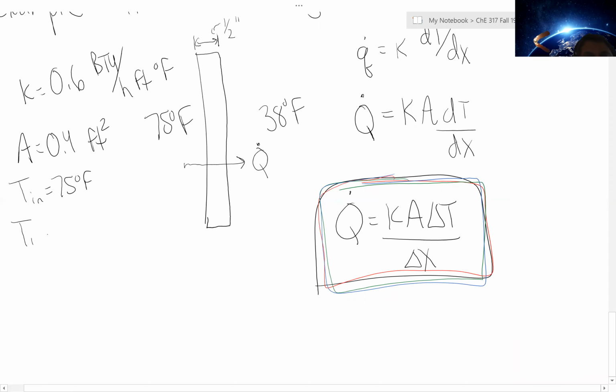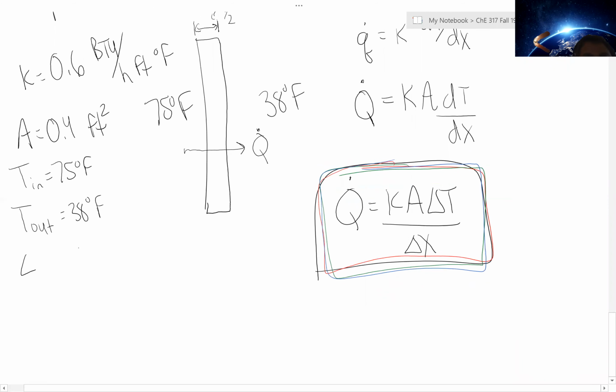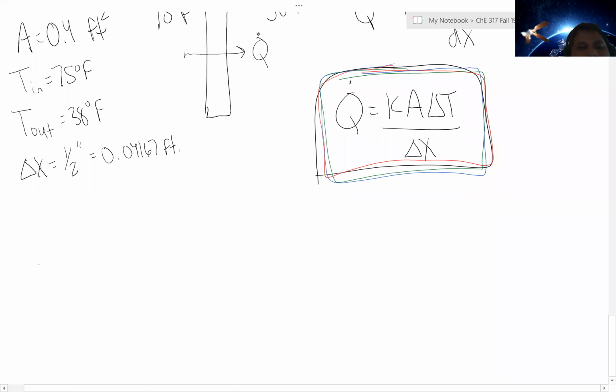The temperature outside is 38 degrees Fahrenheit. And the thickness, or delta X, of the window is 1/2 inch, which if I convert that to feet, should be very small, 0.04167 feet.